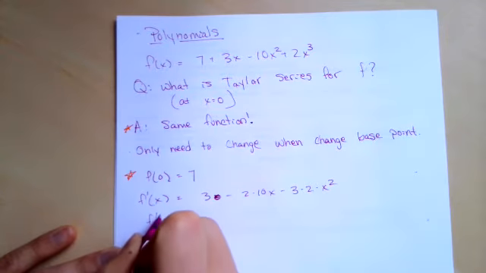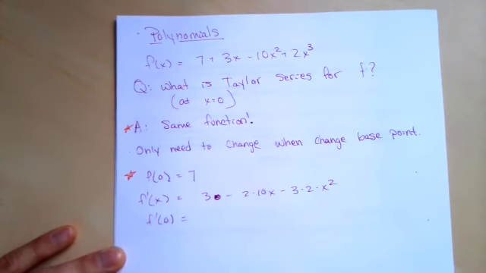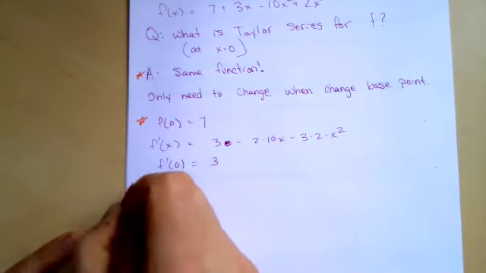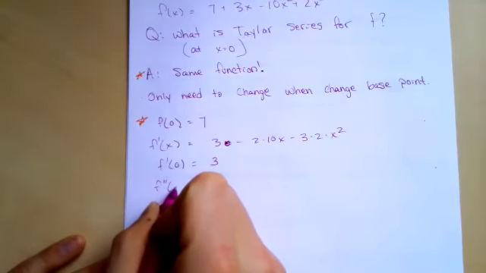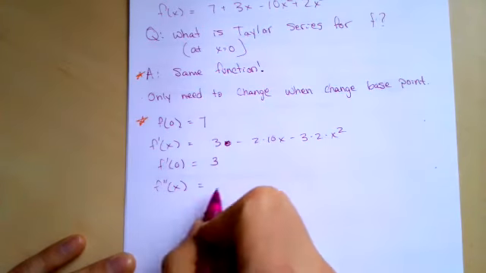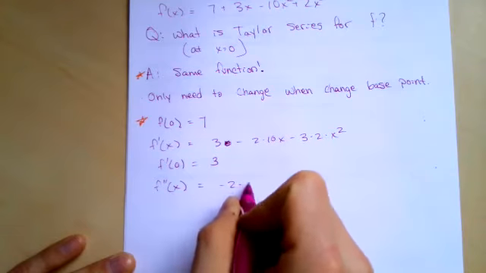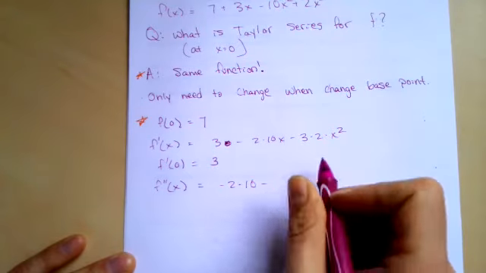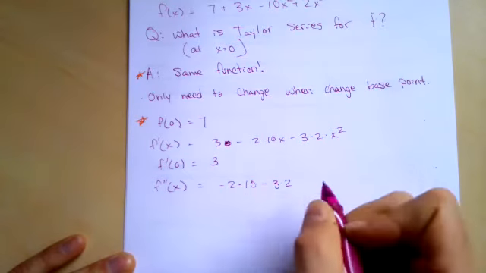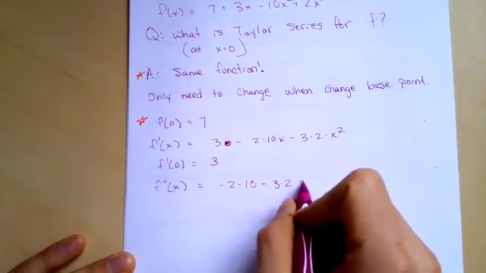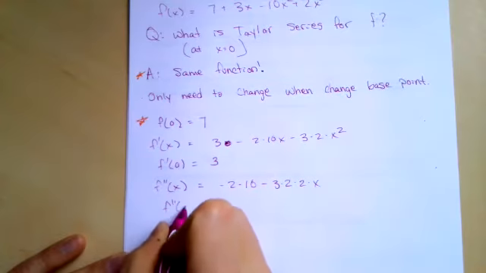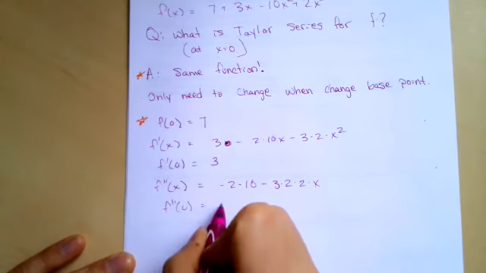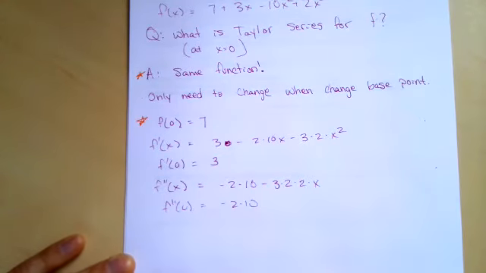And of course, when I evaluate it at 0, we just get our first term, and then our second derivative is going to be minus 2 times 10 minus 3 times 2 times 2 times x. And of course, evaluating, we will just get our minus 2 times 10.